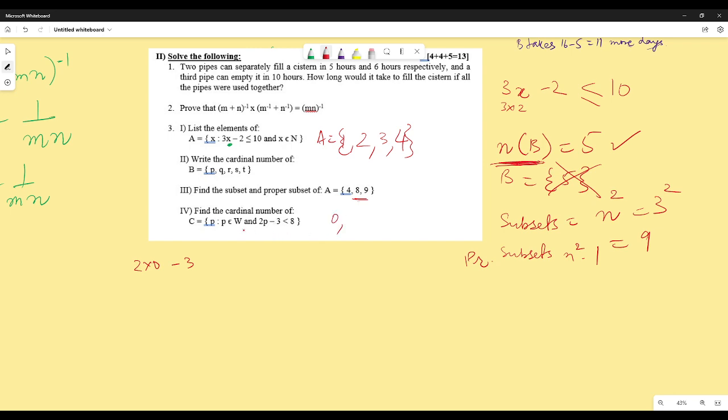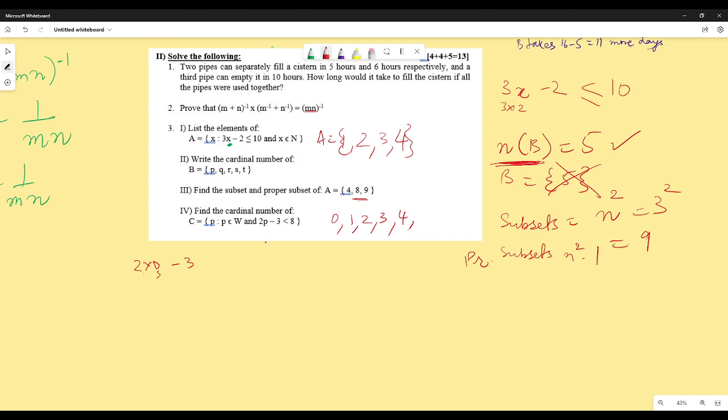Then let us take up 1. 2 into 1, 2 minus 3, is it less than 8? Yes. Let us take up 2. 2 twos are 4, 4 minus 3, yes, again it is less than 8. Let us take 3 now. 2 threes are 6, 6 minus 3 is 3, again less than 8. Now let us take up 4. 2 fours are 8, 8 minus 3 is 5, again less than 8.